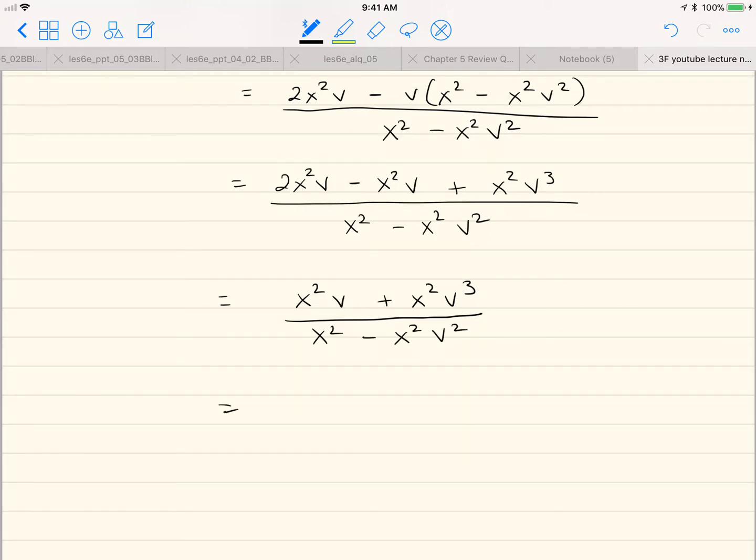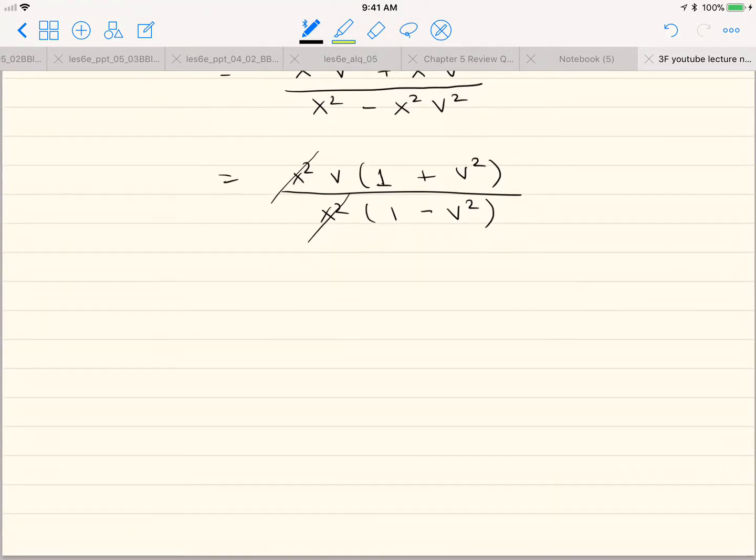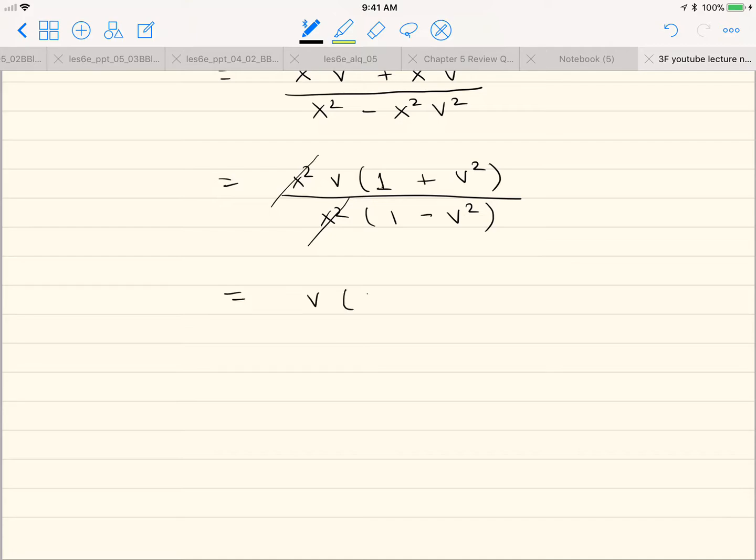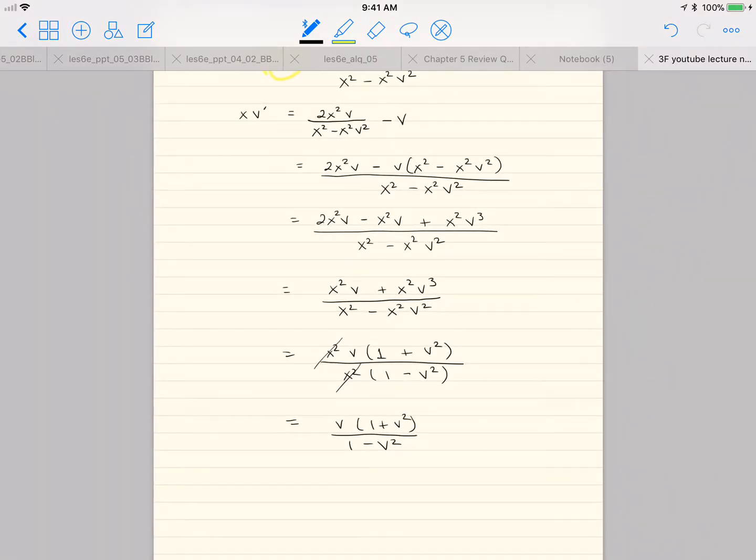I've got a lot of x squareds floating around, so let's pull out x squared and a v in the numerator, and I'll have a 1 plus v squared. And in the denominator, if I pull out x squared, I'll have a 1 minus v squared. My x squareds cancel out, and I've got v, 1 plus v squared in the numerator, 1 minus v squared in the denominator. So this is a lot of algebra.